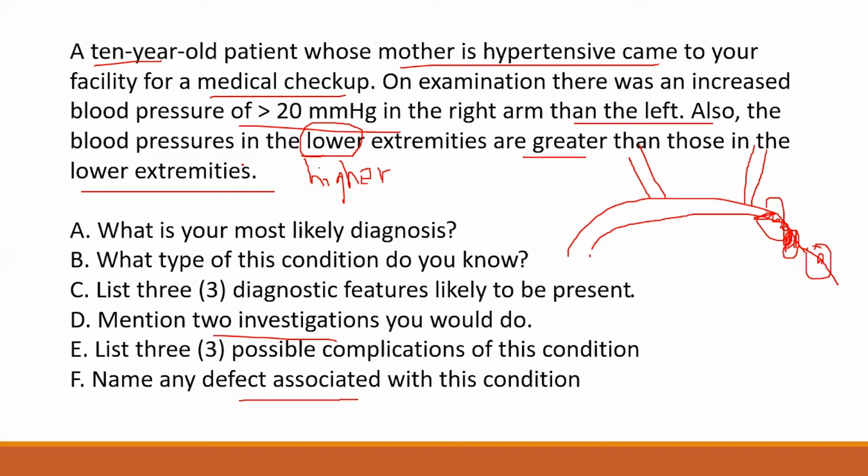You can think of aortic stenosis. So these are the associated defects in people suffering from coarctation of aorta. Again, patent ductus arteriosus, ventricular septal defect, aortic stenosis. All right.